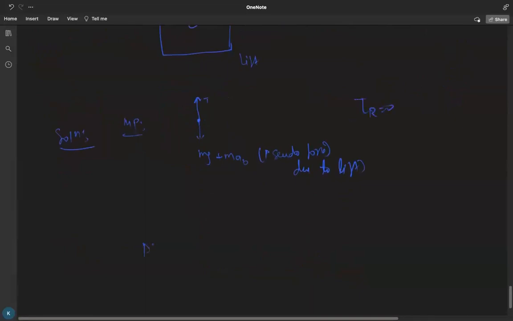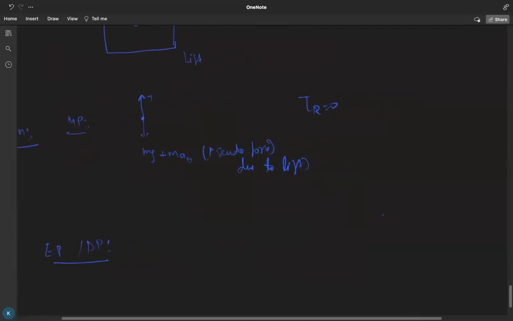Now at the displaced position or extreme position, this is our mean position, and this is our angular displacement.